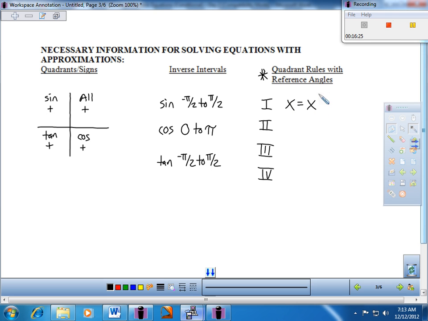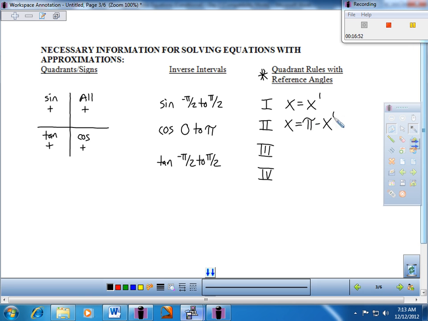The good news for a quadrant 1 angle, and you'll always hope that one of your answers is in quadrant 1, is whatever you do get from the calculator, this reference angle, that is going to be your answer. The reference angle and the true angle are the same. Now quadrant 2, it's a little different. If you remember, we're in radians here, so I'm going to use pi. If this was degrees, we would be talking about 180 degrees.